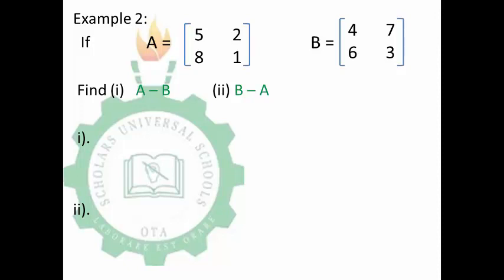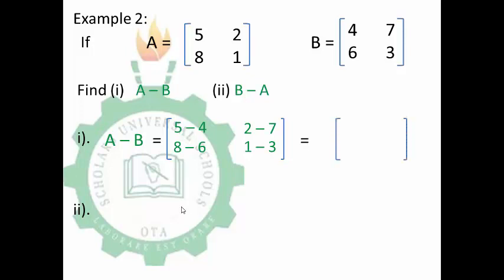So first we go to A minus B. It simply means that we'll be subtracting the elements of B from all elements of A. So you have 5 minus 4, 2 minus 7, 8 minus 6, and 1 minus 3.